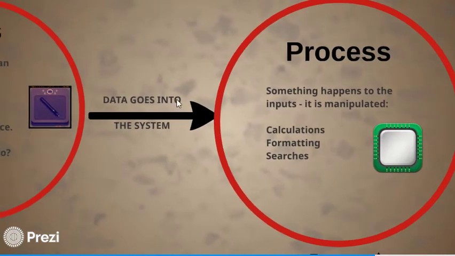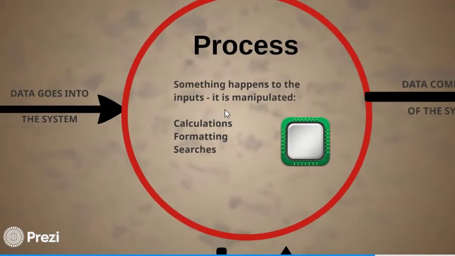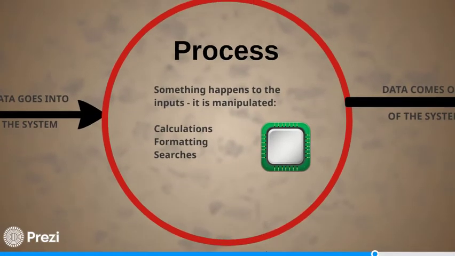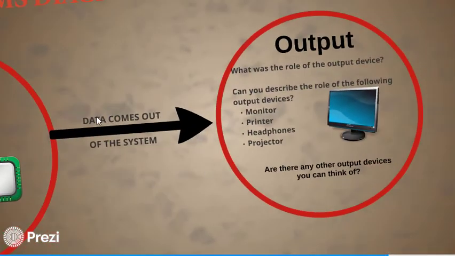Data goes into the system for processing. Something happens to the inputs, they're manipulated, and calculations and formatting and searches are done, and then it comes out of the system. So you have the monitor, the printer, headphones, projectors, etc.